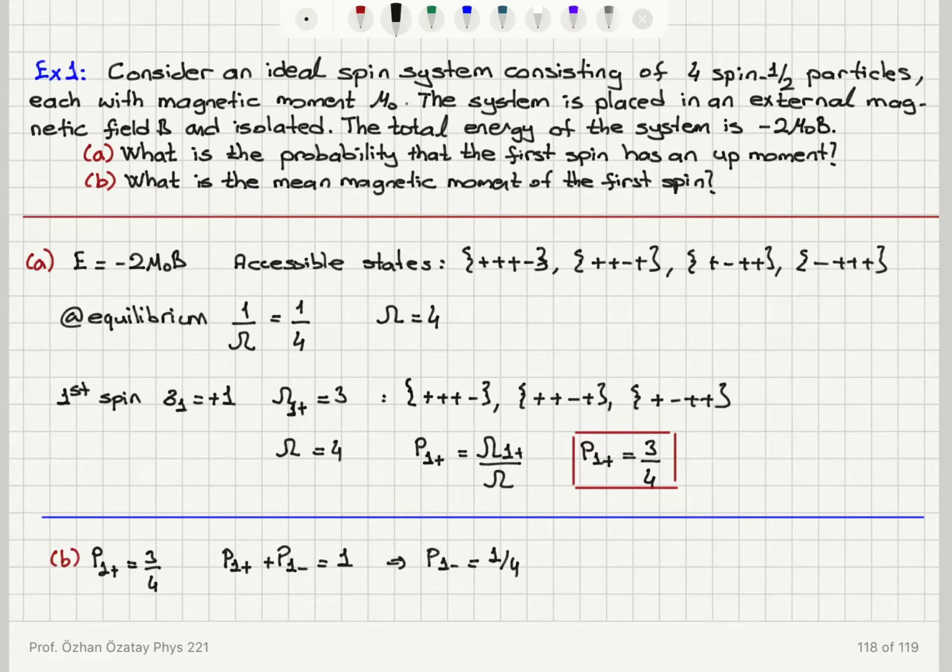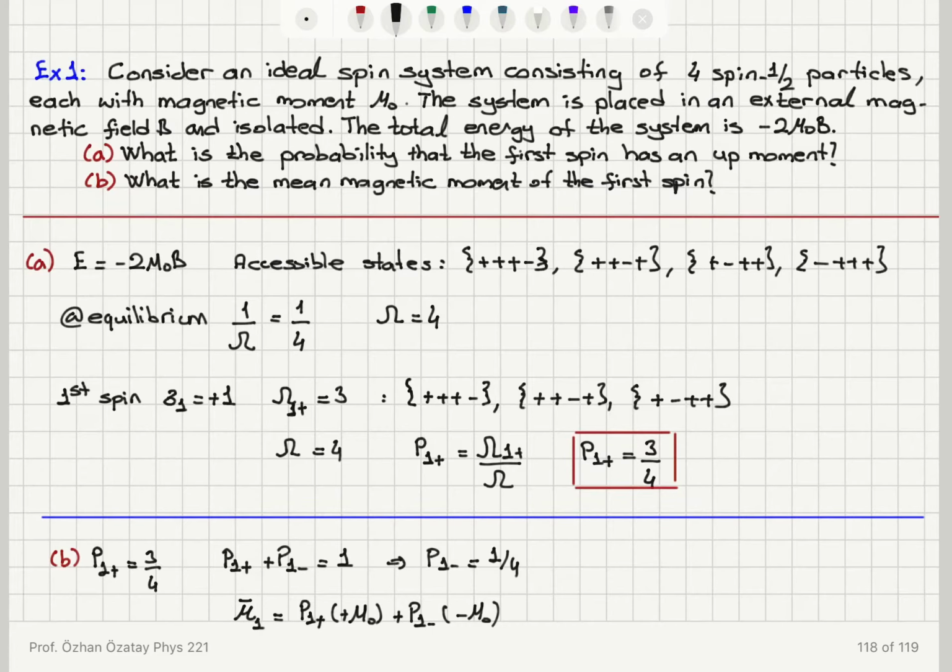And the mean magnetic moment of the first spin, that is mu bar for the first spin, is going to be equal to P1 plus times the corresponding magnetic moment, plus mu 0, plus P1 minus times the corresponding magnetic moment, minus mu 0. So multiply the values with their corresponding probabilities and add them up.